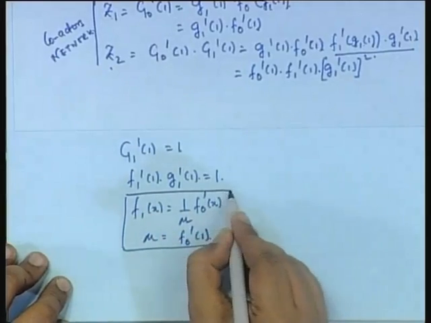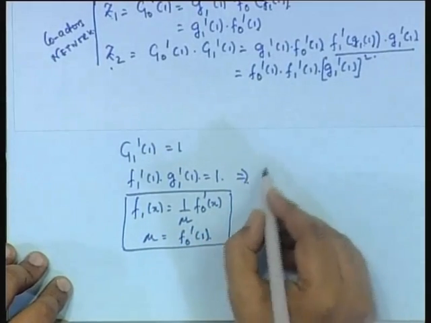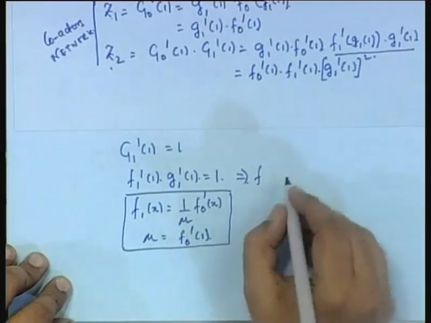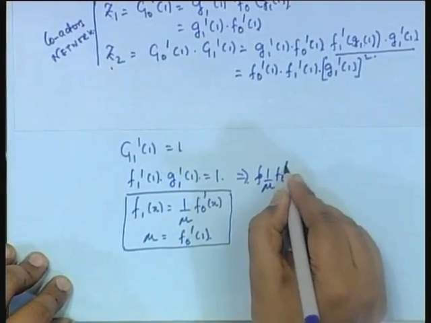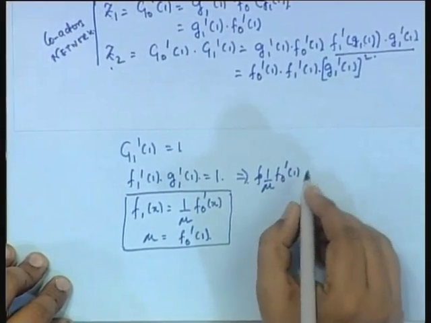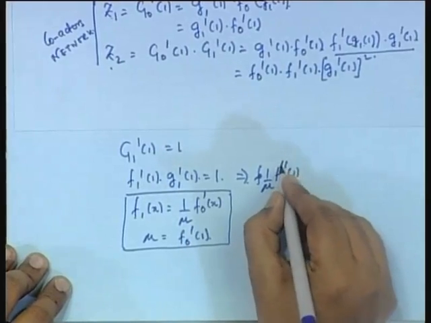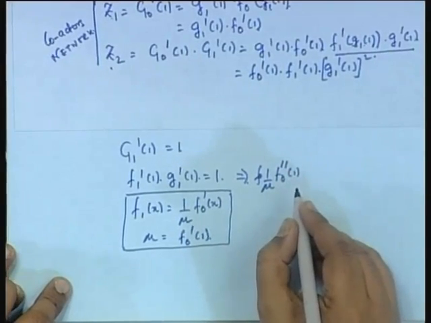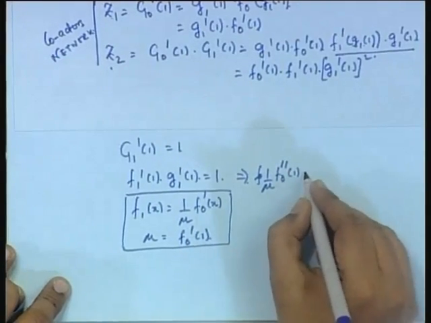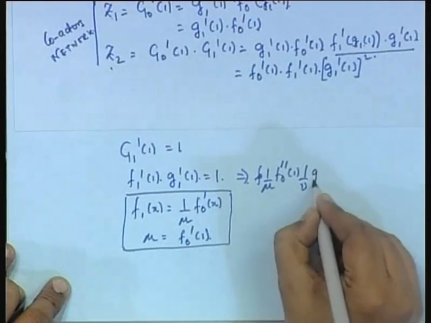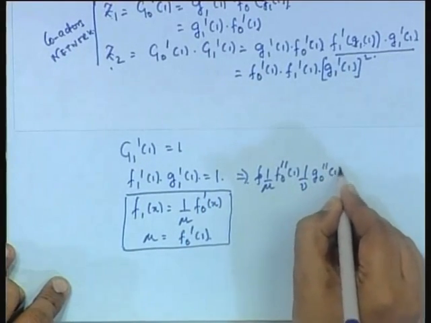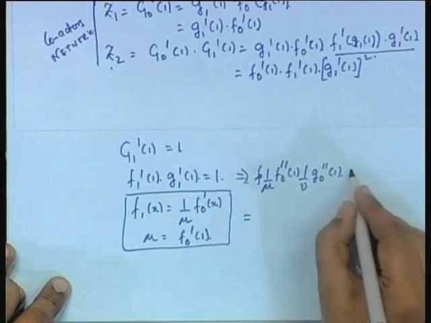So, let us write this: 1 by mu F0 dash 1 F0 double dash 1, and this is the same, 1 by nu G0 double dash 1, and this is equal to 1.